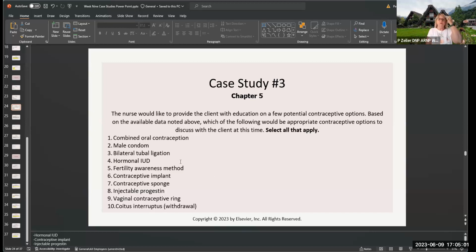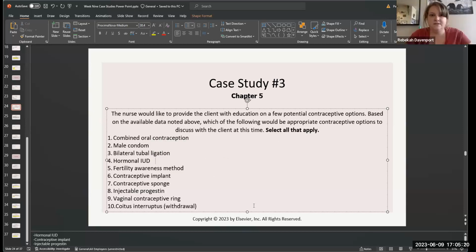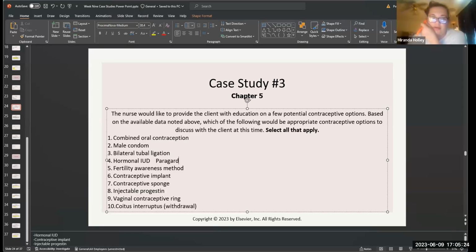Okay. What about a hormonal IUD? Would that work for her? No. Why not? What about the non-hormonal ones though? Yes, there are. Do you know what it's called? It's the copper IUD, Paragard.